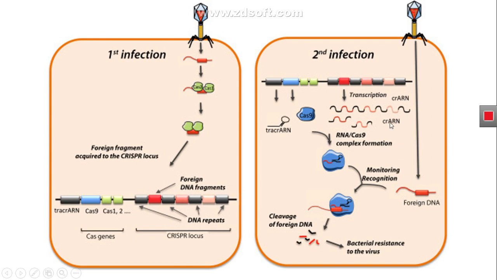This CRISPR RNA, which has the sequences of the previous bacteriophage, combines with another RNA and makes a single RNA that we call tracer RNA.